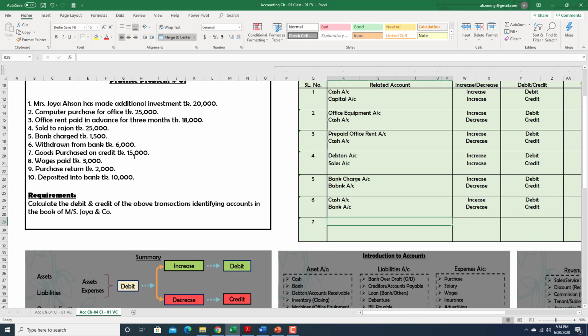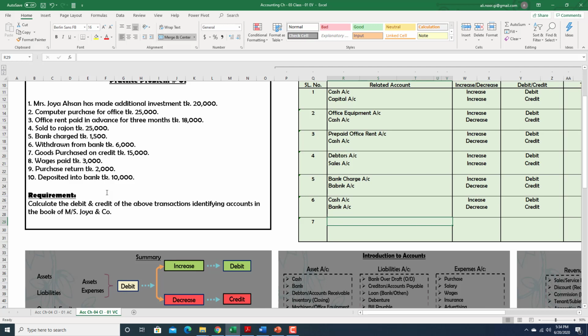Goods purchased on credit taka 15,000. We know from our previous class that when we purchase any goods from any person on credit, creditor's account increased.